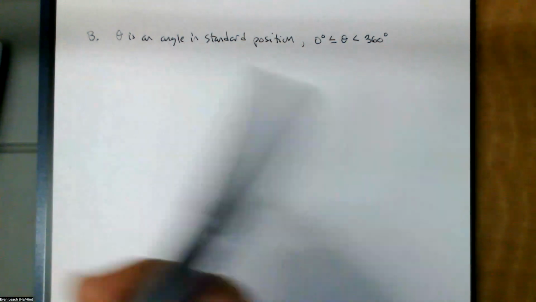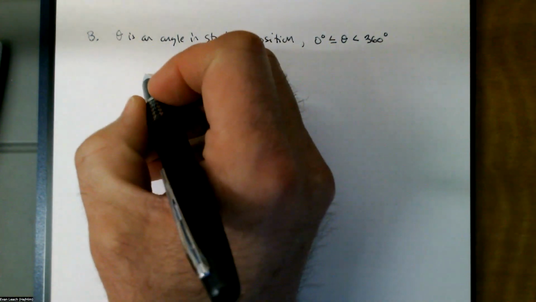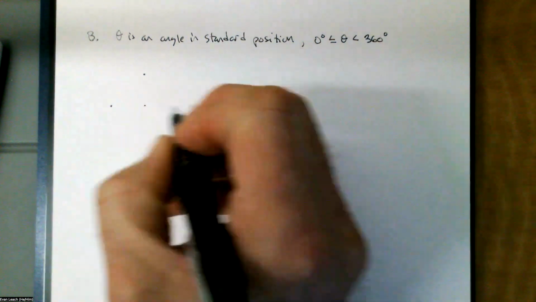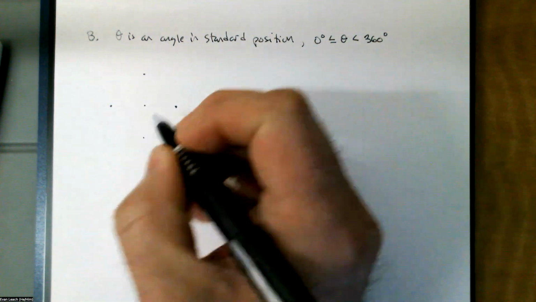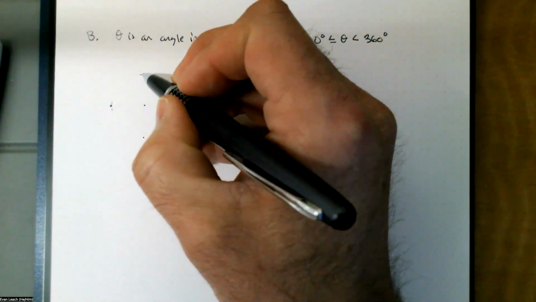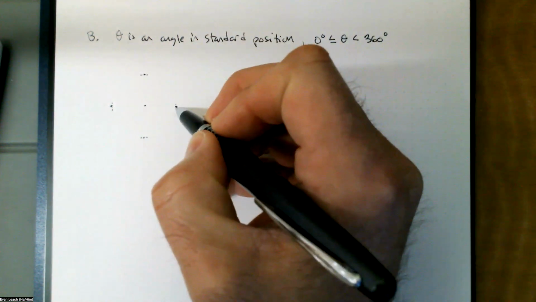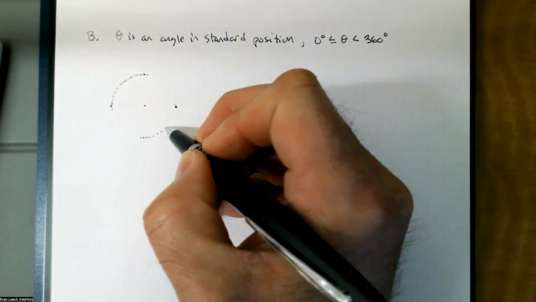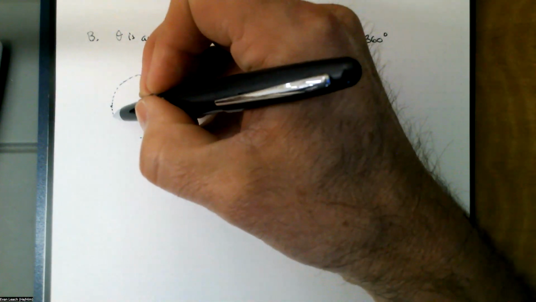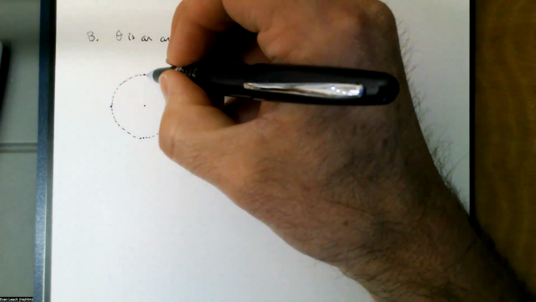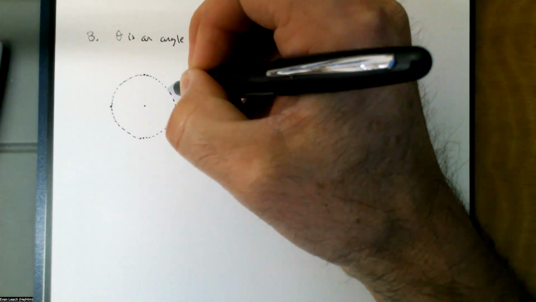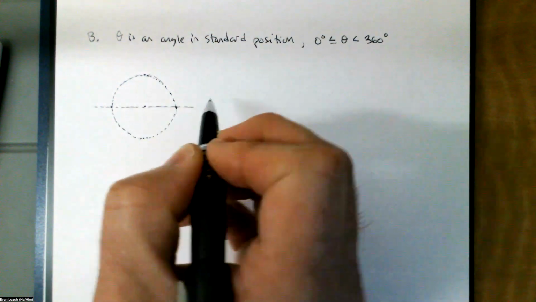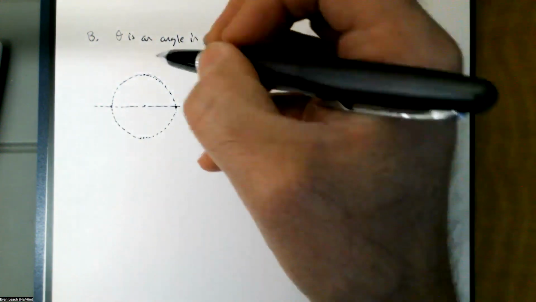So now in this case, we're thinking of an angle in standard position, which means we're going to want to think about a unit circle, which is going to give us another opportunity to practice drawing our circles.